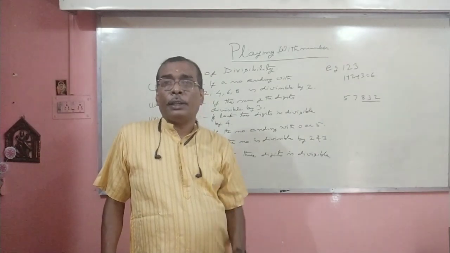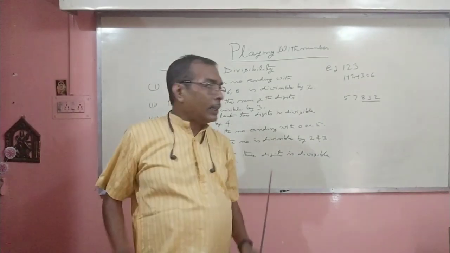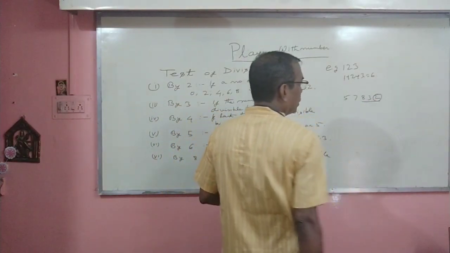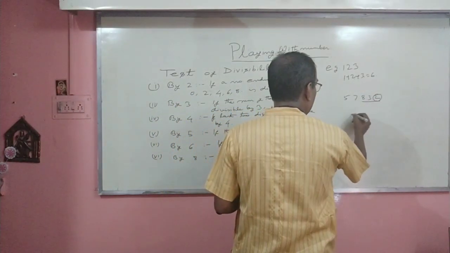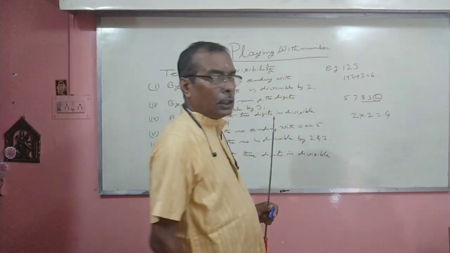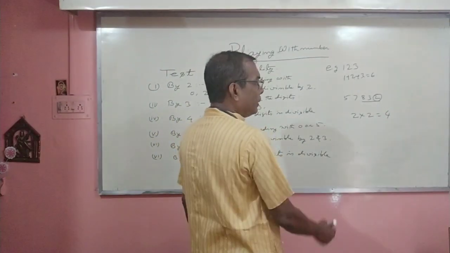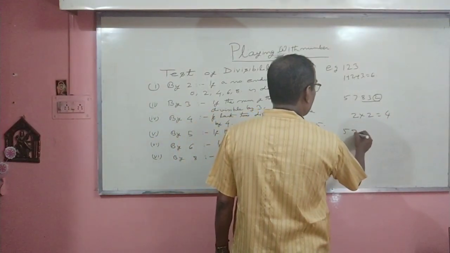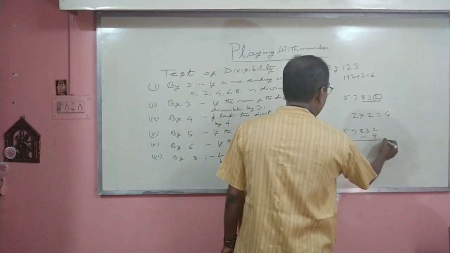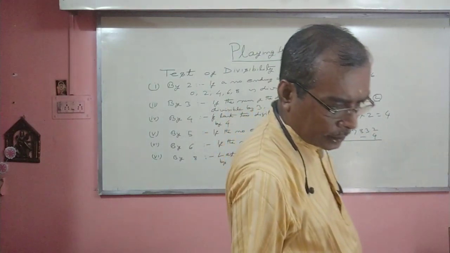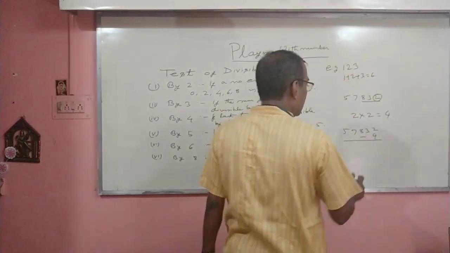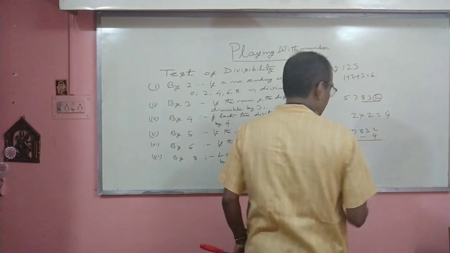And divisibility by 7 is also a very important one. What is that? For divisibility by 7, first of all you have to take twice the unit digit.